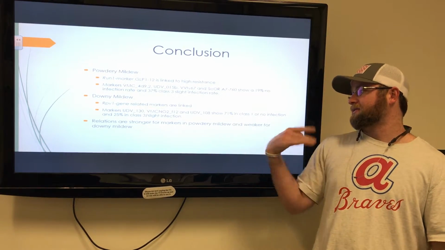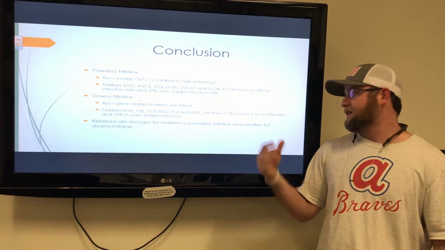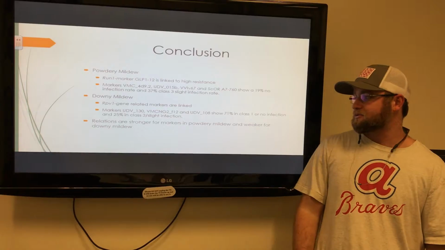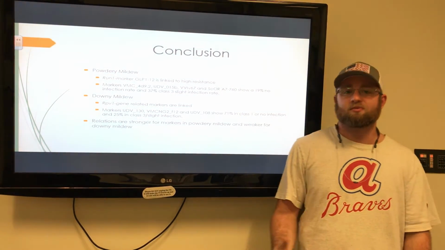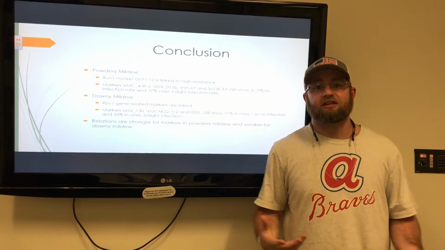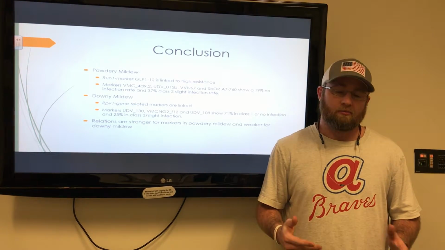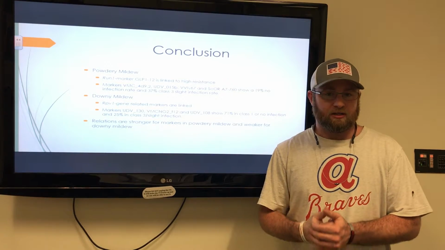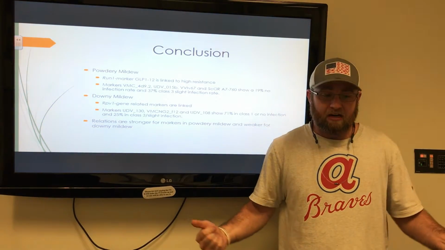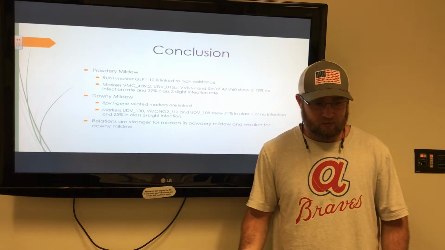So it shows you right here that we have 71% in class 1, no infection, and then we have 25% in class 3, which is slight infection. So that tells us 96% of the progeny that have these related alleles from a Regent father are going to be pretty much downy mildew free or show slight infection. Okay.